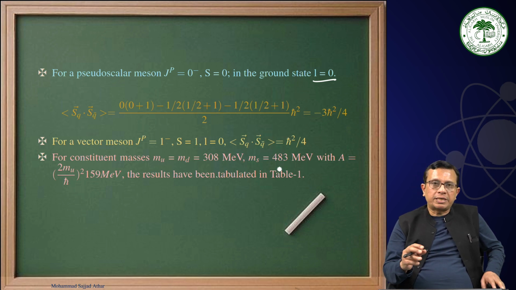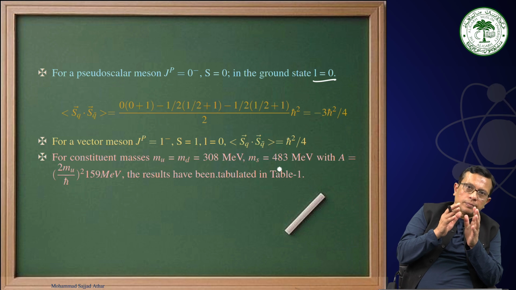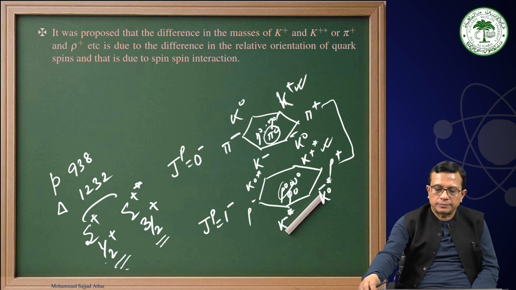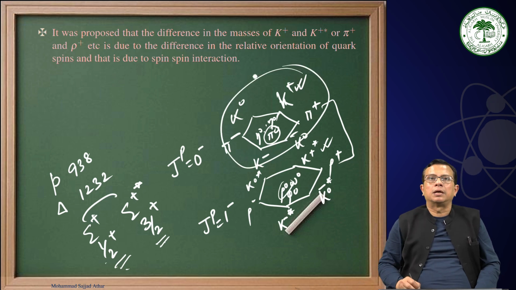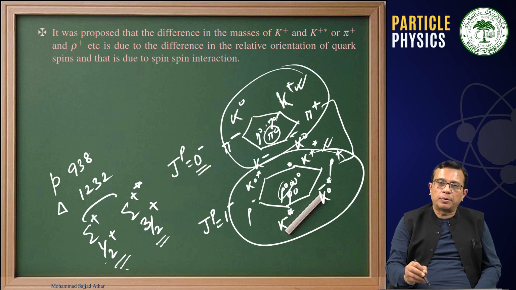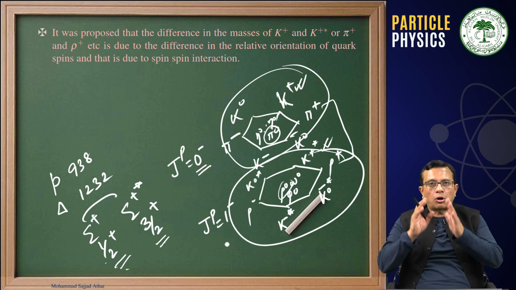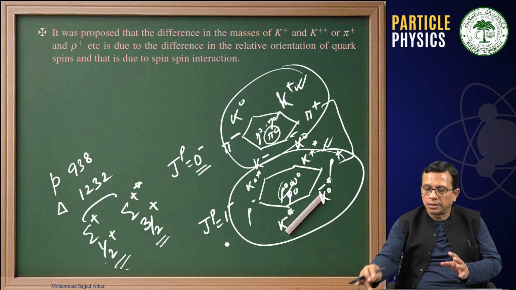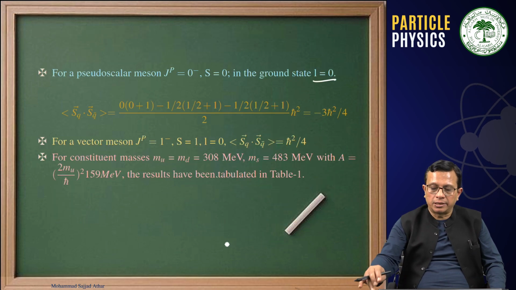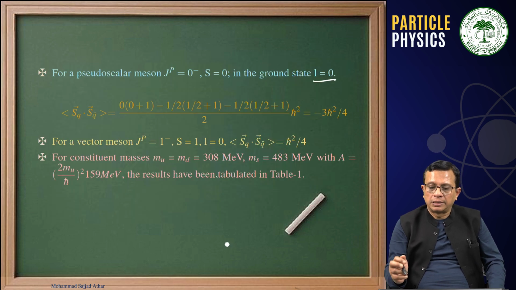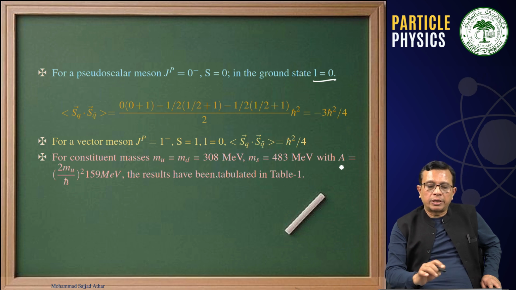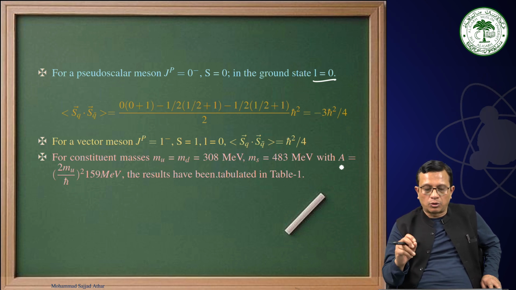Now what we do is we take all the 9 mesons which are members of this meson nonet having spin 0, and all 9 mesons which are members of the vector mesons, that means all 18 particles together, and do a least square fitting to get the value of this A. Therefore, 18 particles have been put together to get the value of the unknown constant.